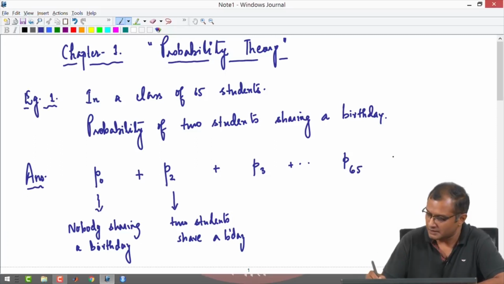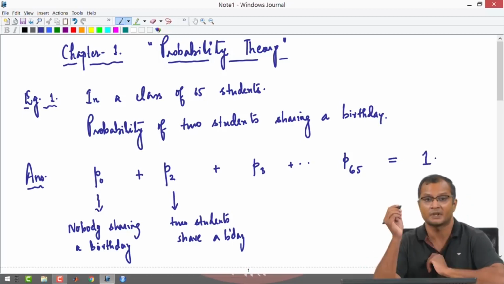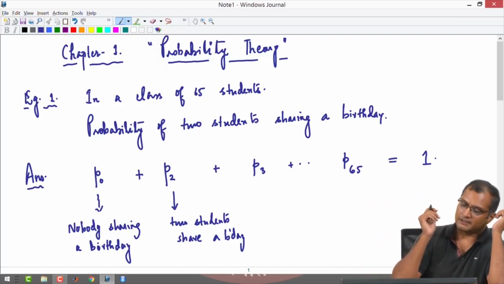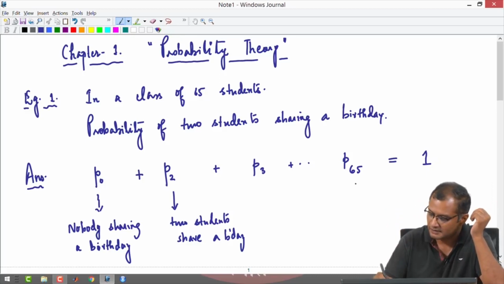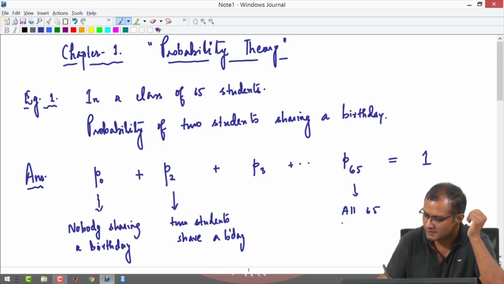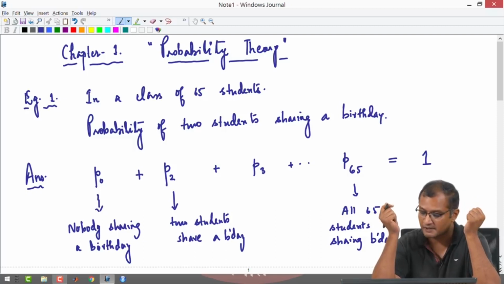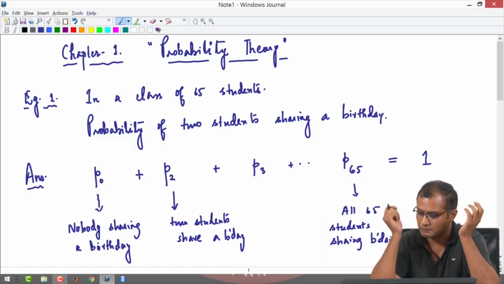Now, I know that the sum of all these probabilities has to be 1, because all of them have an exact birthday, and I have taken all the possible cases on the left hand side, this last case being all 65 students having birthday on the same day. So, the left hand side is collectively exhaustive. So, the sum of all this has to be 1.